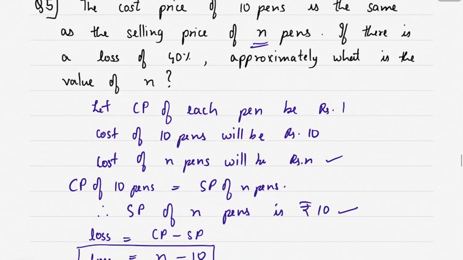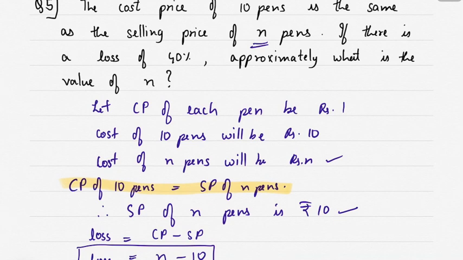See, I'll explain what I have done again. The cost price of 10 pens is given as the same as selling price of n pens. That means from the first line we know cost price of 10 pen is equal to selling price of n pen. Okay.